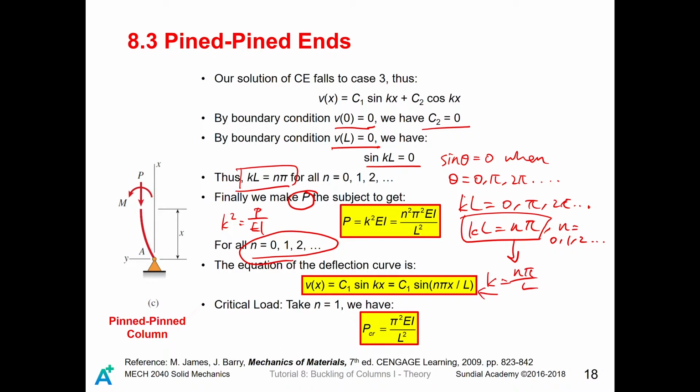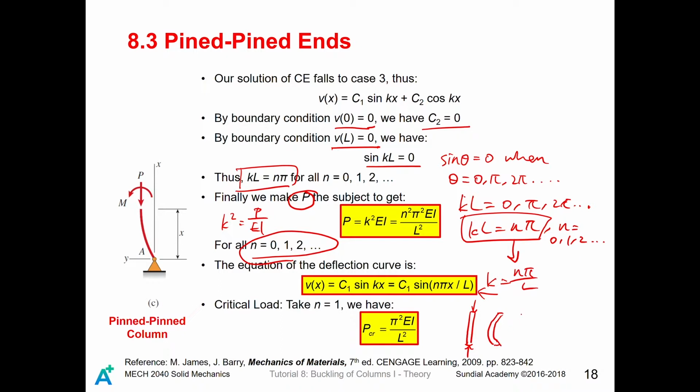But if we are talking about the critical load, in real world column problems, we only consider n equals 1, because for n equals 2, 3, 4, the column could be the shape of something like this, but it is not that realistic. When a column is subject to a load P, most probably the column will deflect in this way, something like this.